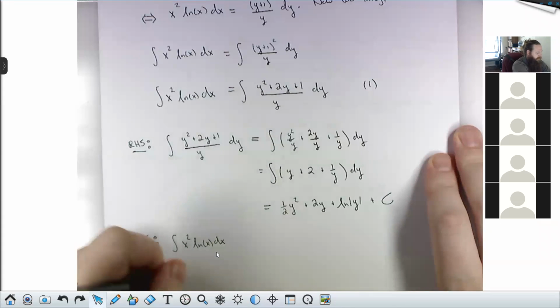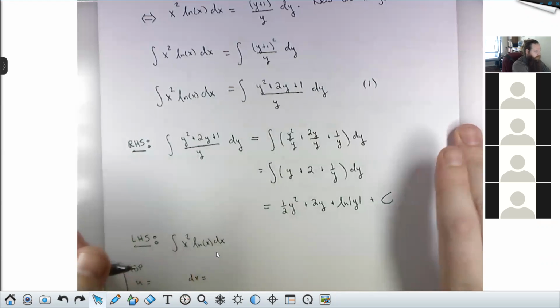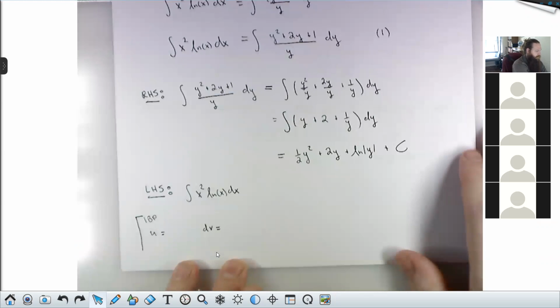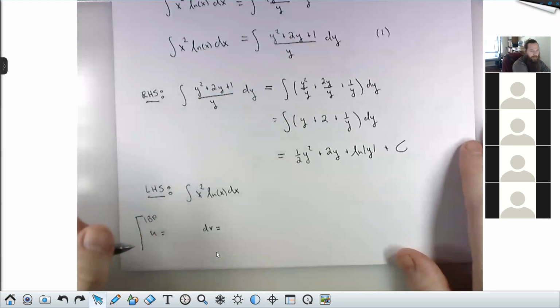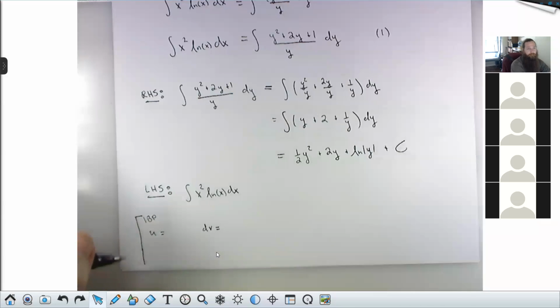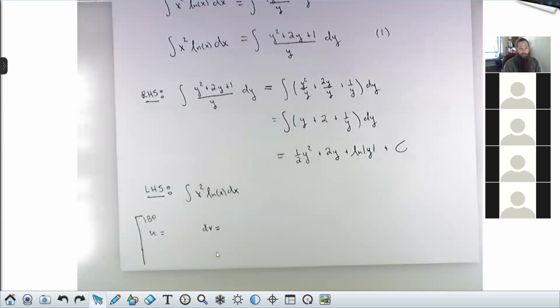Now, when we use integration by parts, we have to pick u and dv. What should I pick for u and what should I pick for dv? u is ln of x and dv is x squared.